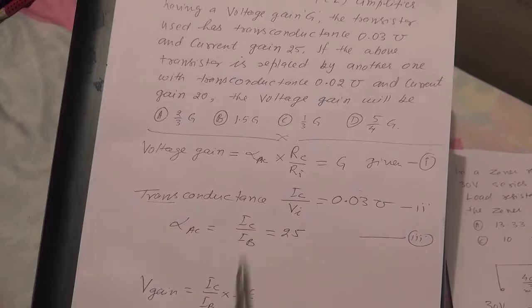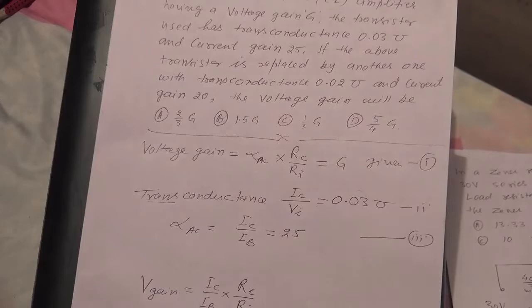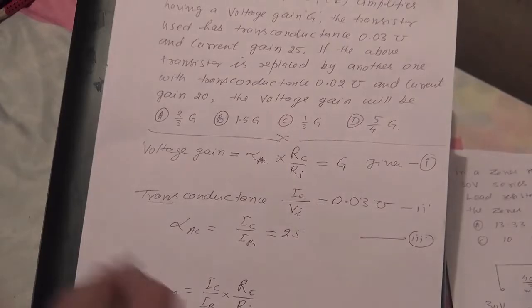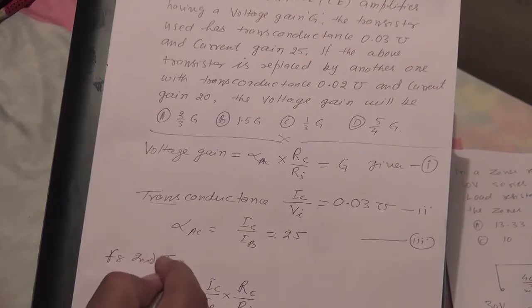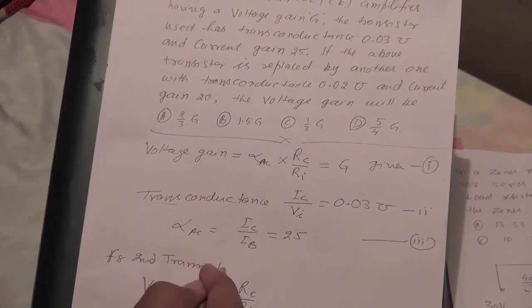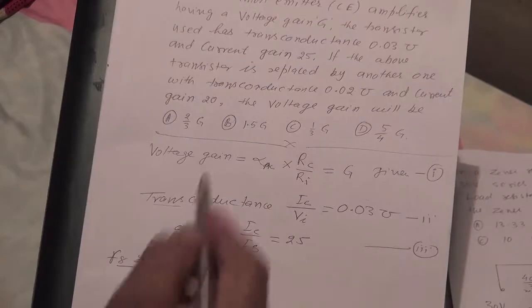IC अपॉन IB हमको दिया है करंट गेन 20. दिस इज 20. दिस इज फॉर सेकेंड ट्रांजिस्टर. IC अपॉन IB 20 ये हमको दिया है.